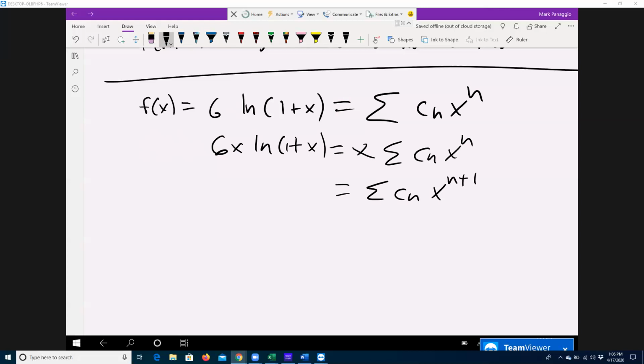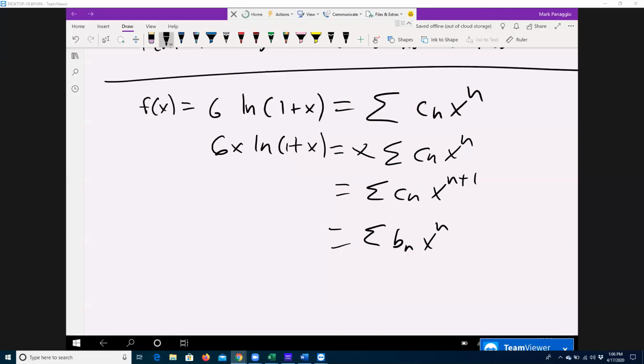But then the names of your cn's, it really doesn't make sense to call them that. And so maybe you could write this as a sum of x to the n with some other coefficient bn. And when it asks you for a constant cn in this case, that's supposed to be the coefficient in front of the nth power of x.